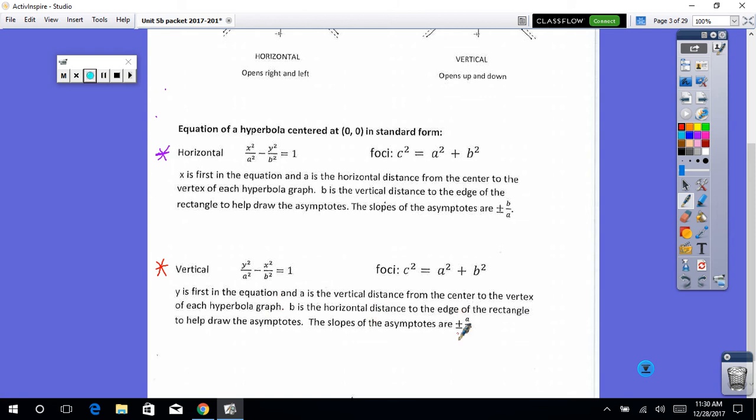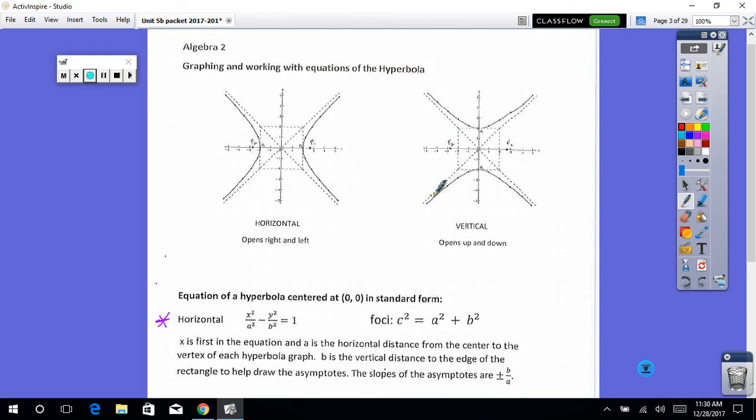Okay, the slope. If you notice, the hyperbola has this imaginary box right here, this box that kind of separates our hyperbola, and then these two slopes right here. The slope is always y over x. It's always rise over run. Y'all should remember that from middle school.